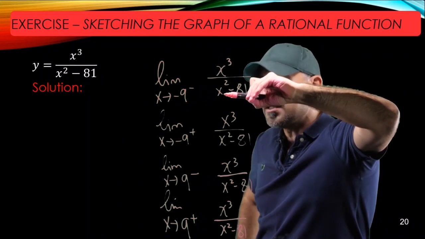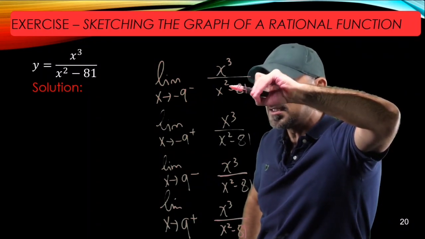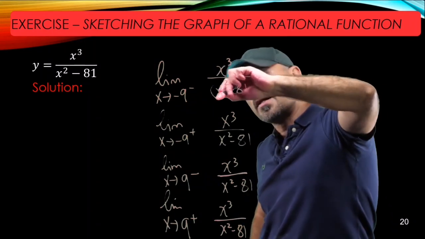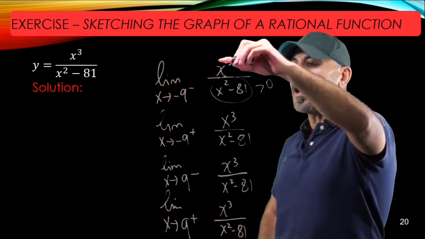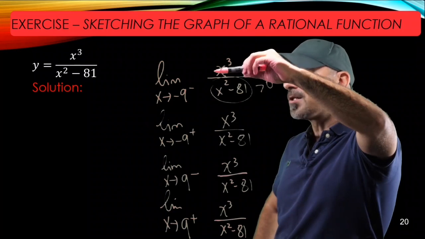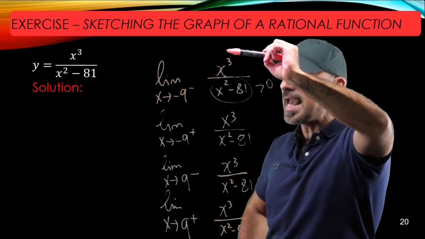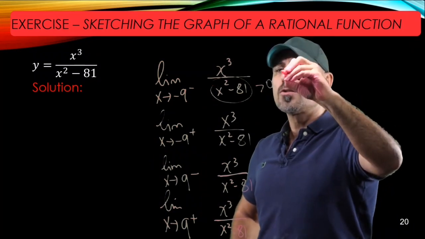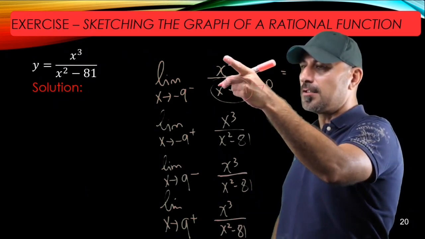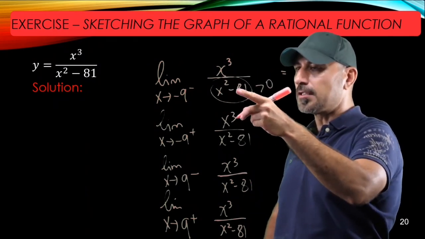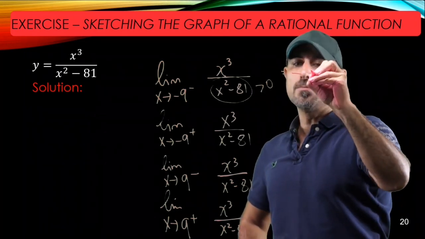When you plug that back in here and take the square of that number, it's going to be bigger than 81. So the bottom is going to be positive, whereas the top is the cubic power of a negative number. That has to be negative. So this will go to infinity in size, because the degree of the top is bigger than the degree of the bottom, but it'll go to minus infinity.